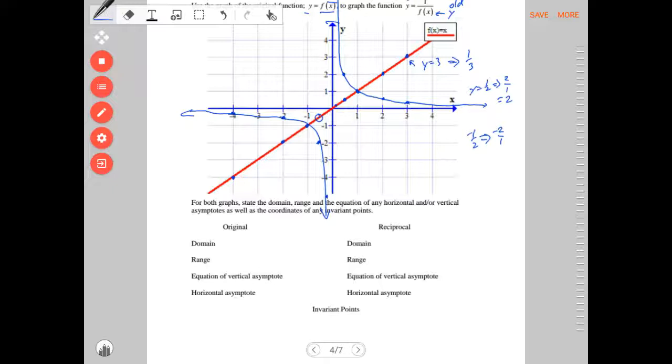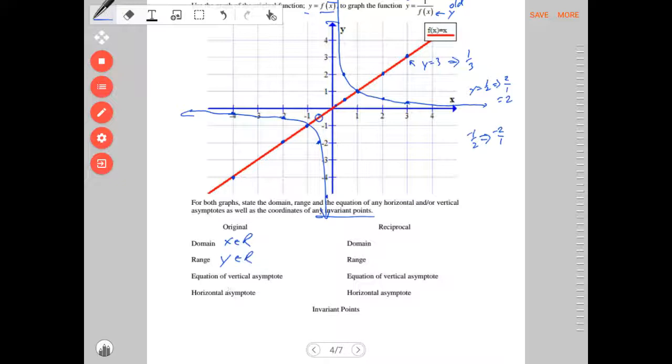Okay, so let's do some analysis. For both graphs, state the domain and range, the equation of any horizontal and or vertical asymptotes, as well as any invariant points. An invariant point is a point that doesn't change between the two graphs. We'll get to those in just a minute. The original domain was x is an element of the reals. The range was y is an element of the reals.